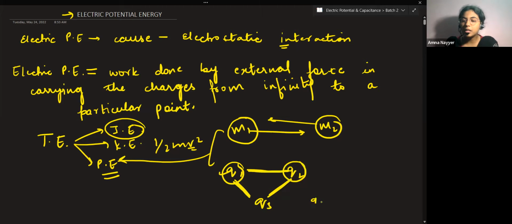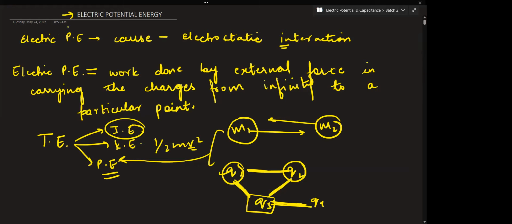If I bring another charge, Q4, Q3 will be interacting with Q4 also, so Q3 will have three energies. So we calculate the energy of Q3 by counting the number of interactions. This is what is meant by electrostatic interaction. Is this clear now? Yes, teacher.